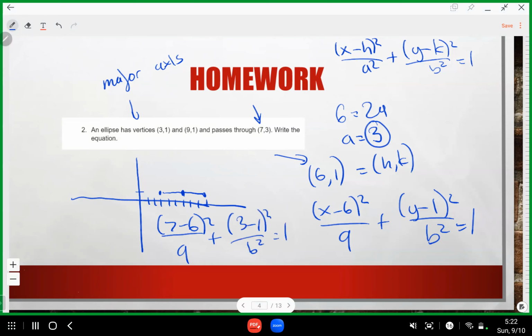So obviously this becomes pretty easy. We have 1 over 9 plus 4 over b squared is equal to 1. Can you solve this? Okay, so 1/9.